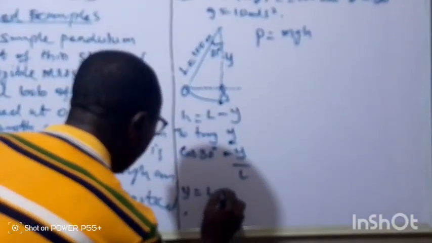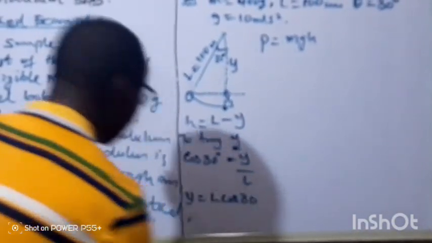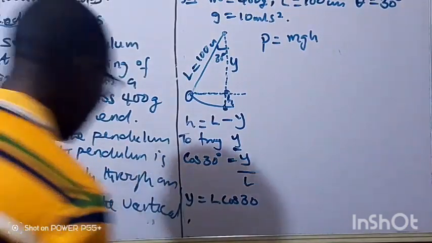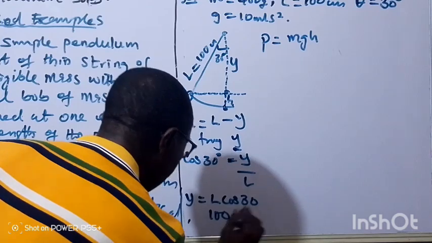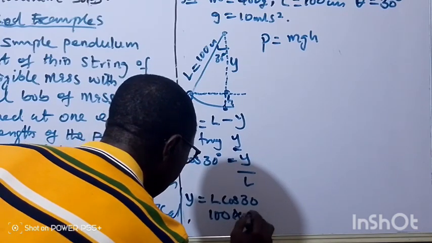So y will be equal to L cos 30. And from there we have 100 times cos 30, which is 0.866.